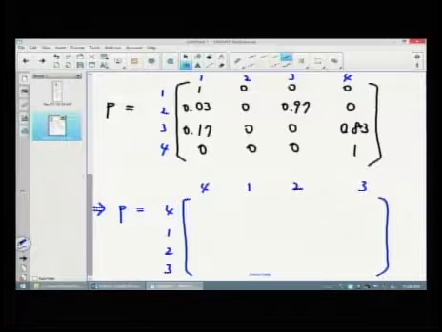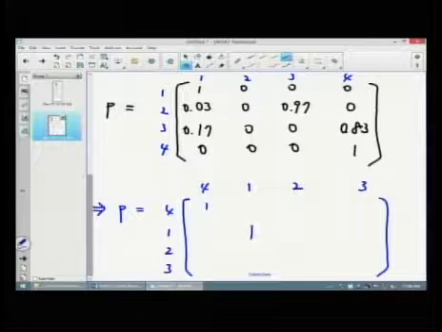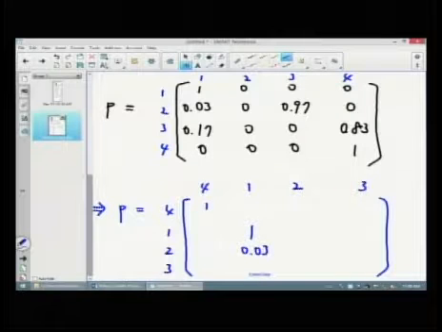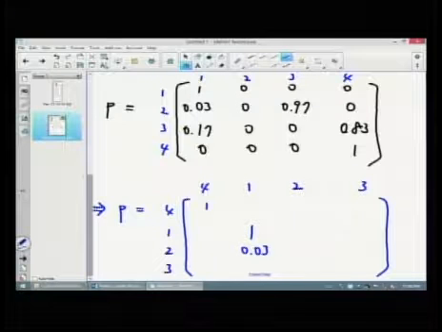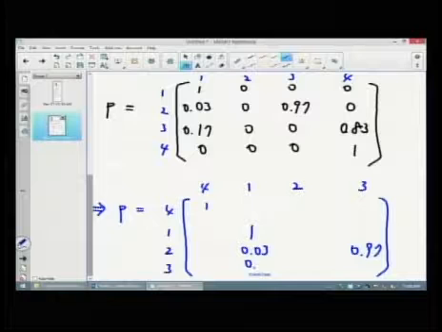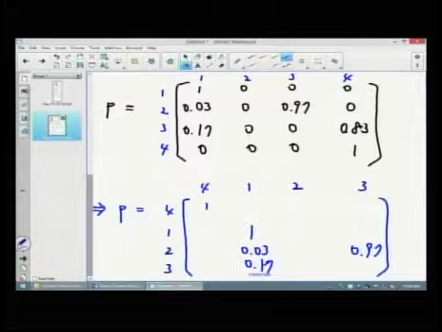So 4 to 4 is 1, 1 to 1 is 1, right? 2 to 1 is 0.03. 2 to 3 is 0.97, right? What about 3 to 1? 0.17. 3 to 4 is 0.83.